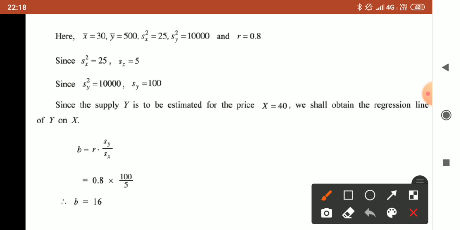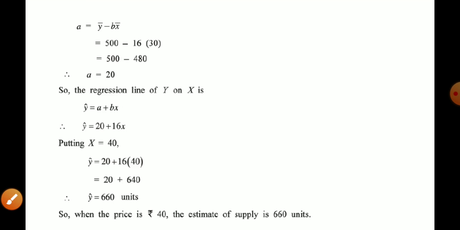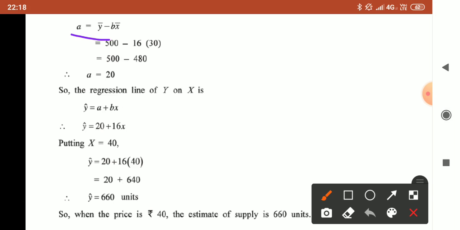Now my third step will be to find a. a equals y bar minus b x bar. We put y bar 500, b 16 and x bar 30, and in this way we get a equals 20.